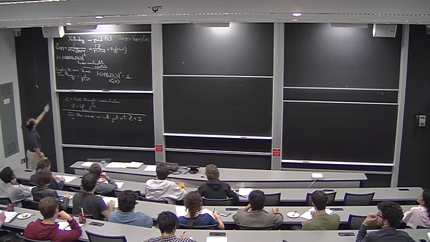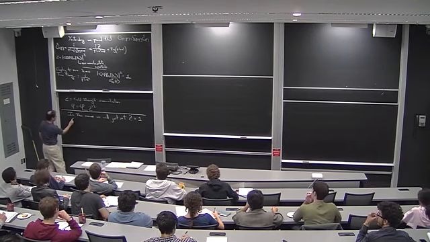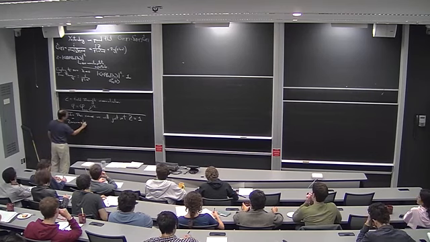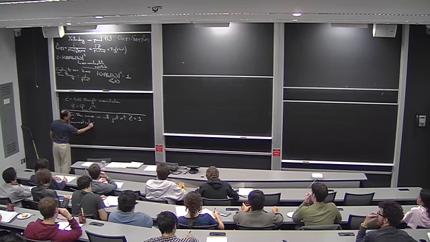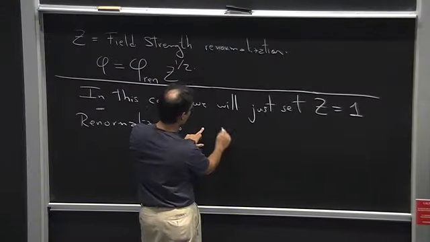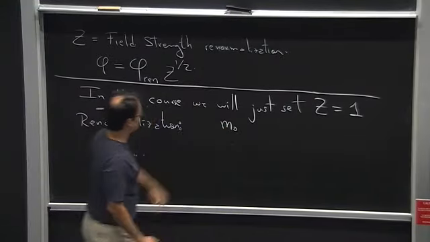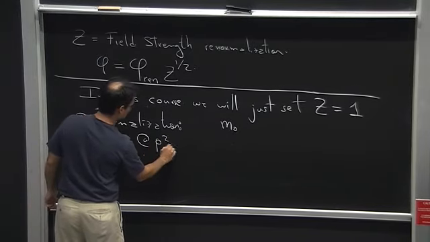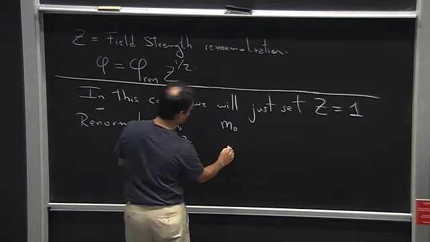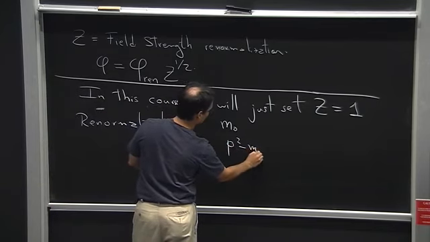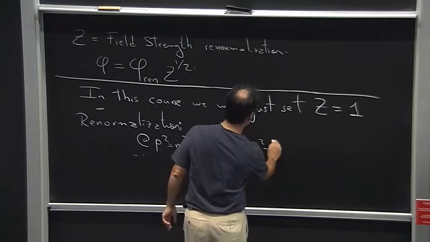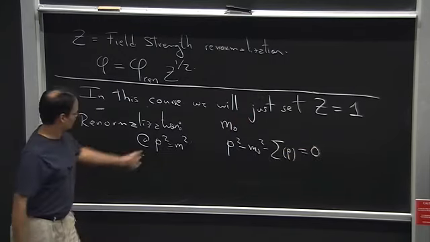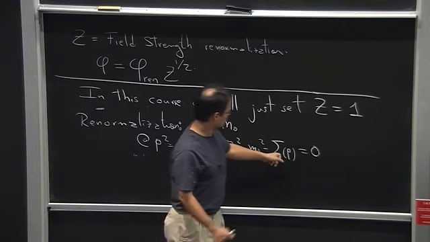So yesterday we found our first example of a renormalization. We said that we can renormalize the bare mass by imposing the condition that at p squared equals m squared, the following must be true. This quantity should be 0, and that gave a condition for m0 in terms of this.